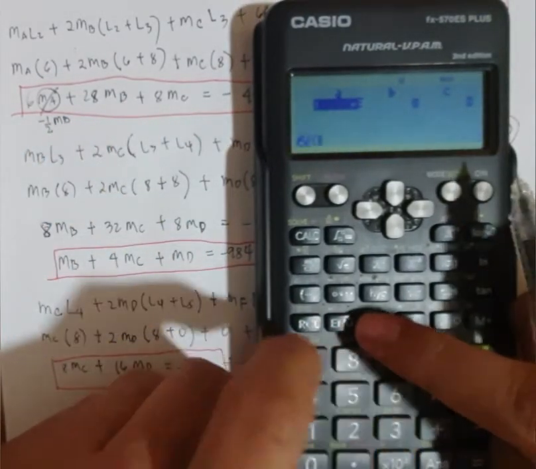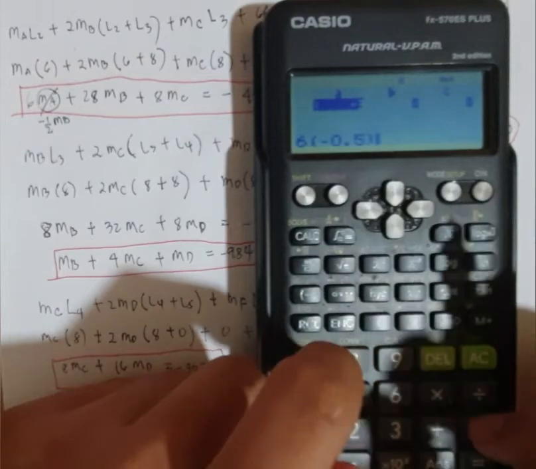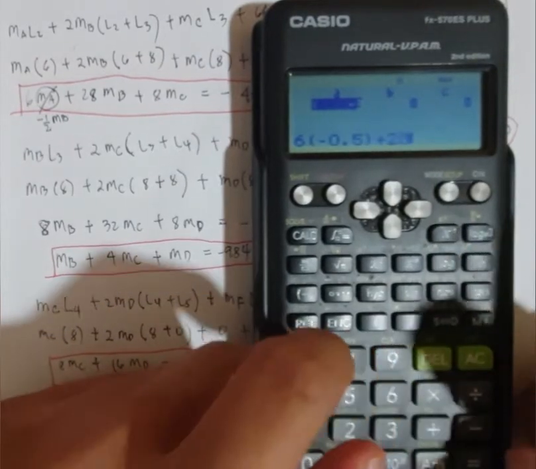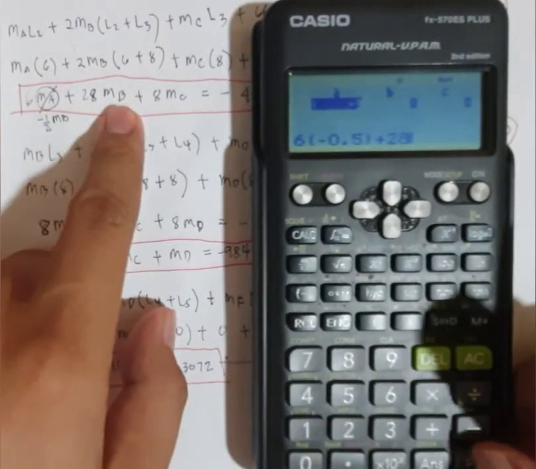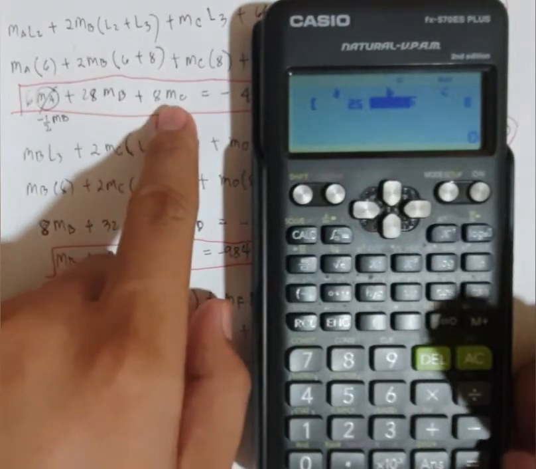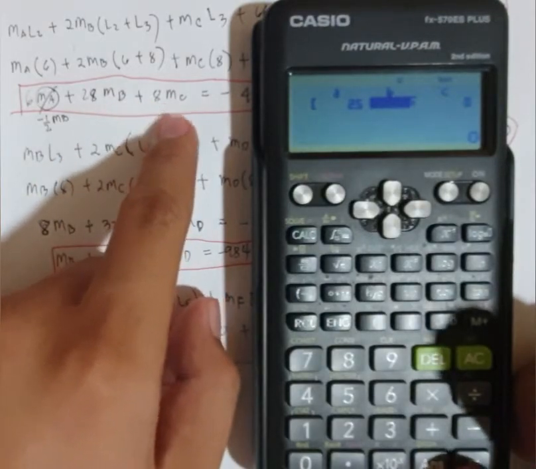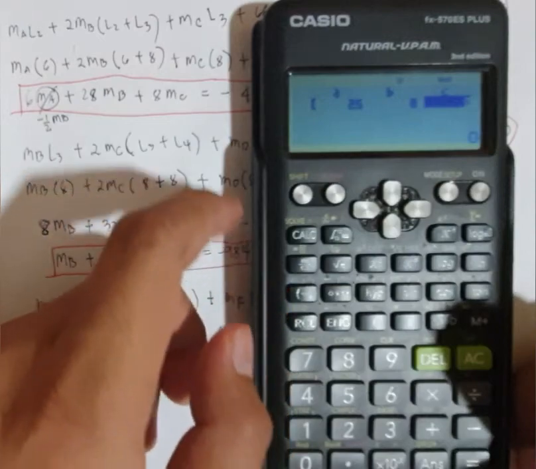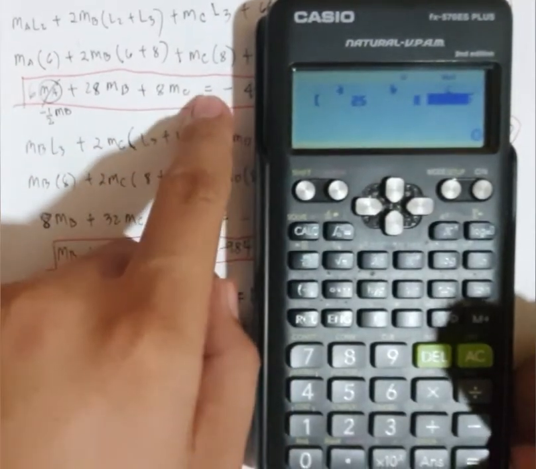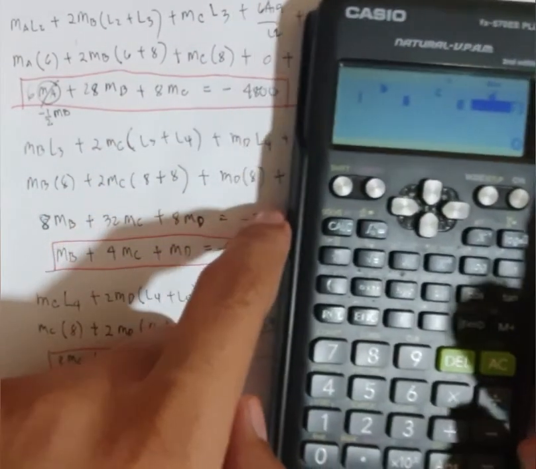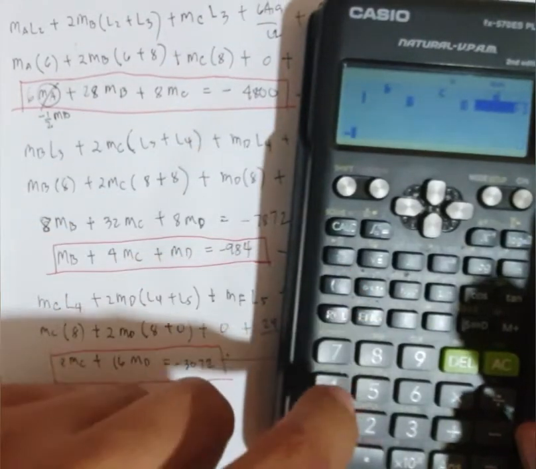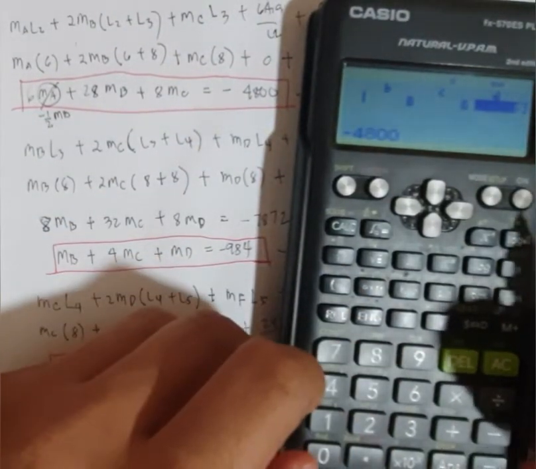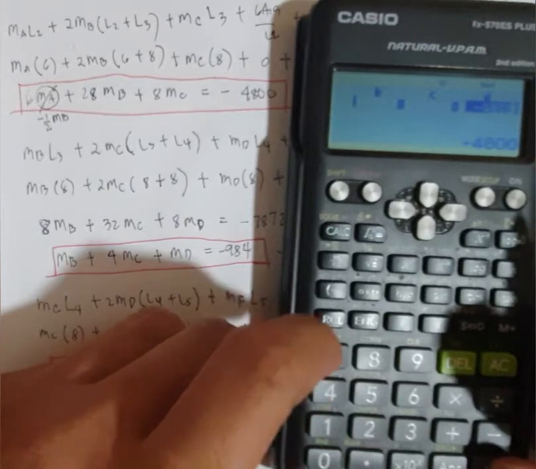So 6 times negative 0.5 plus 28 is the coefficient of MB. MC is 8. MD, you don't have MD, so 0. Then the constant is negative 48. Okay? That is the first equation.